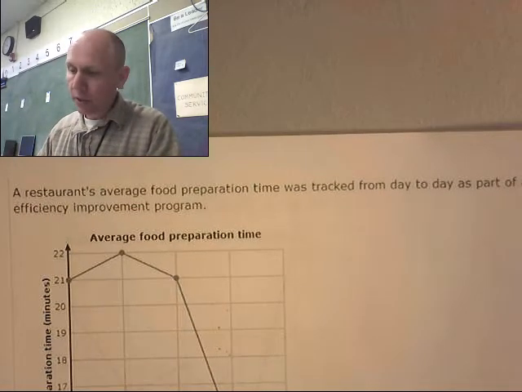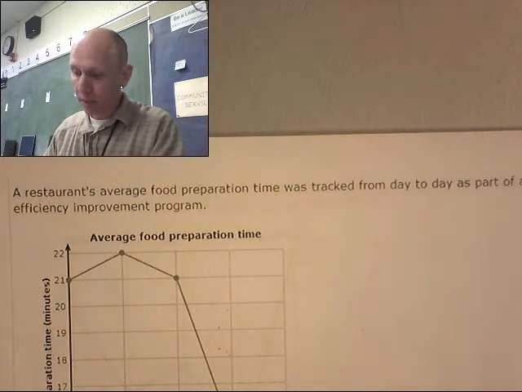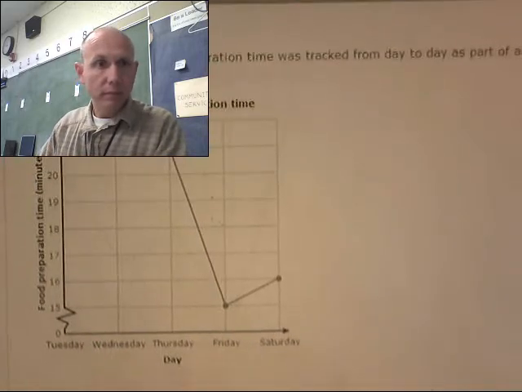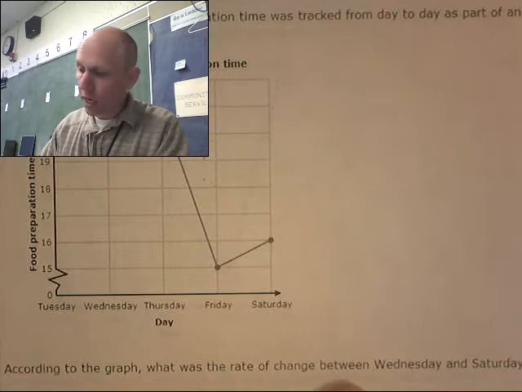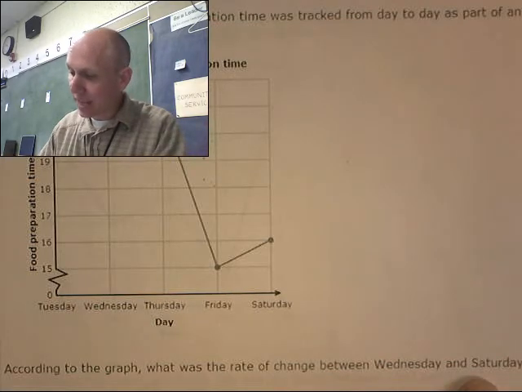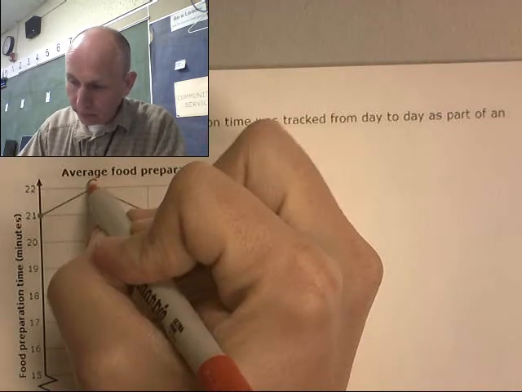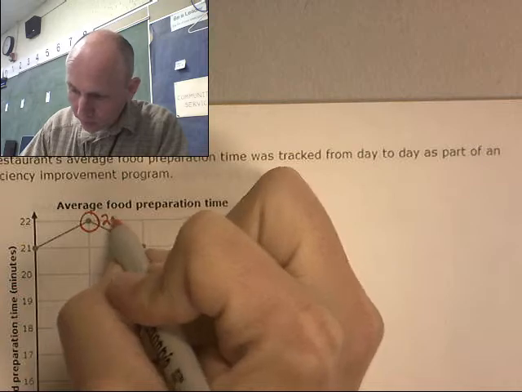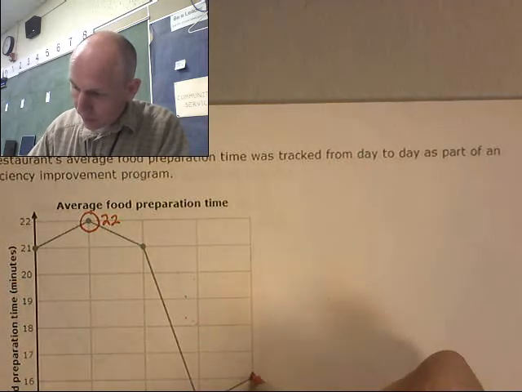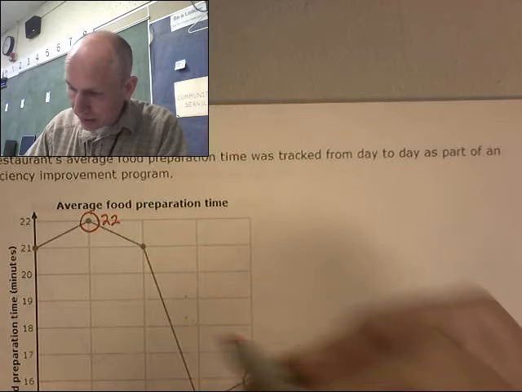A restaurant's average food preparation time was tracked from day to day as part of an efficiency improvement program. According to the graph, what was the rate of change between Wednesday and Saturday? Okay, well here's Wednesday. They're at 22. And Saturday's over here at 16.